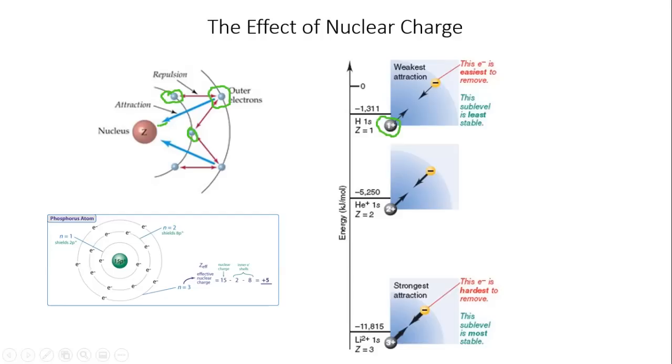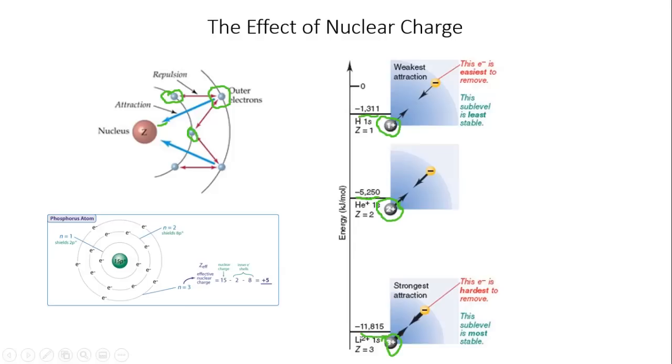But if we increase it to a +2 charge in the nucleus, there's a greater attraction between the nucleus and that electron. This is noticed by the change in energy required when it is removed. And if we go to a +3 charge, we see a very strong attraction between that electron and the nucleus, almost a 10-fold difference in the amount of energy needed to remove that electron.